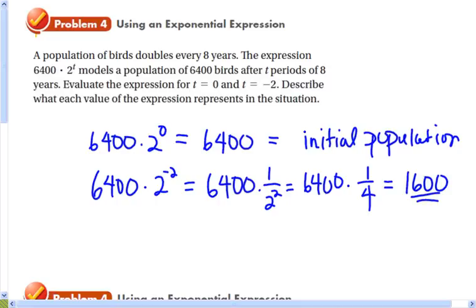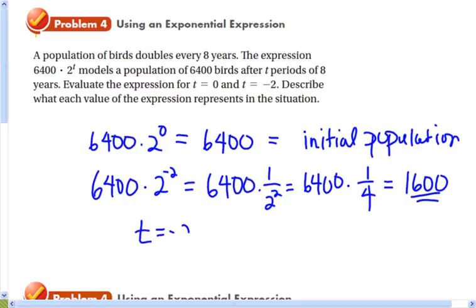All right, and what that means is that, remember that each power of t represents 8 years. So if we use negative seconds, what we're talking about is 16 years ago. So that's kind of like going back in time. What was the population 16 years ago?